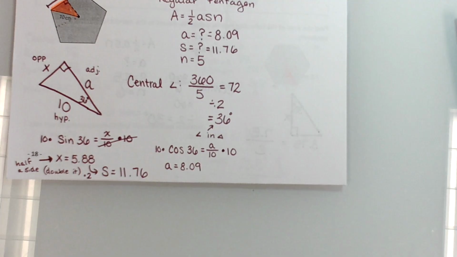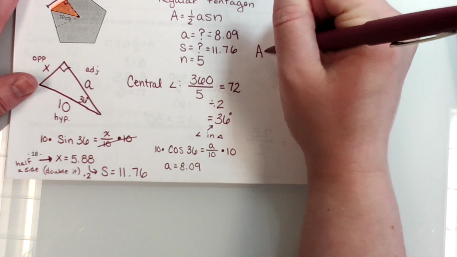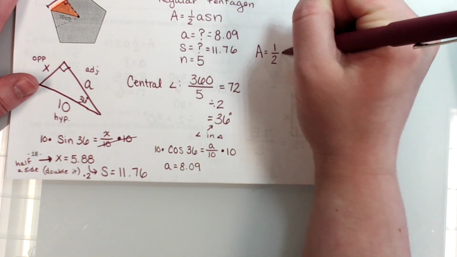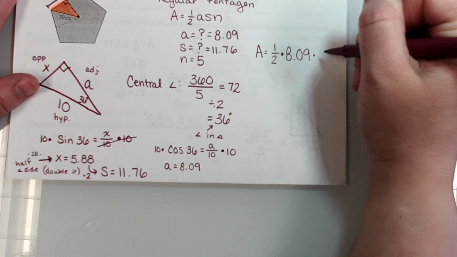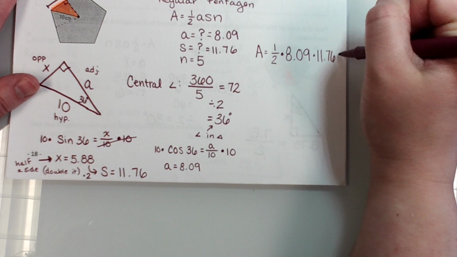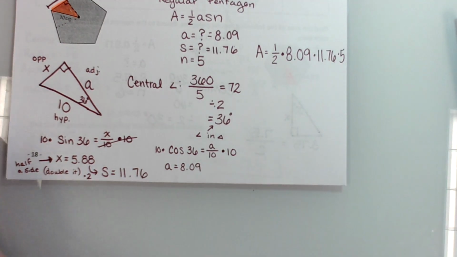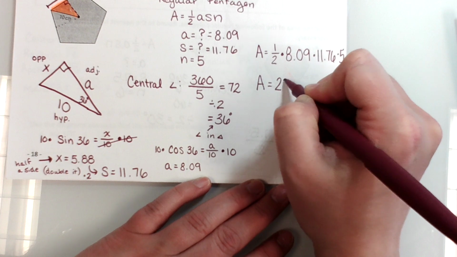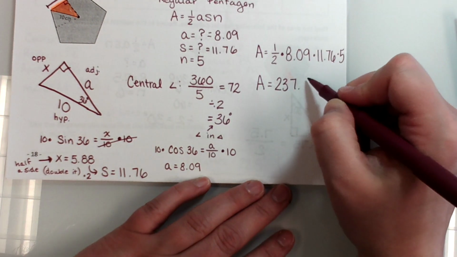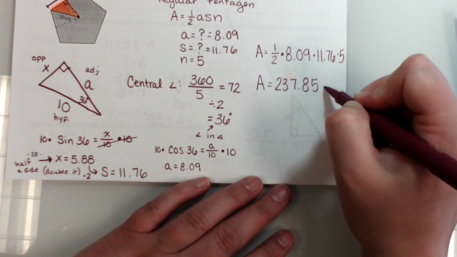I get 8.09, which is my apothem. And then from there, y'all know what to do. These ones can be a bit of a process, just because there's a lot of little pieces. Rounded to the nearest hundredth, you should get 237.85 centimeters squared.